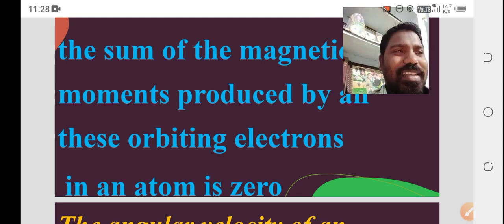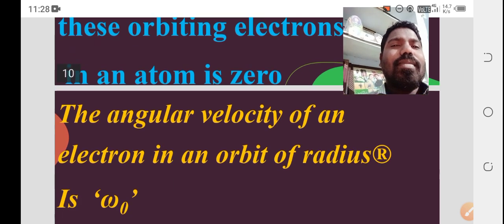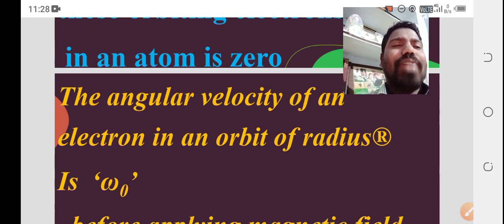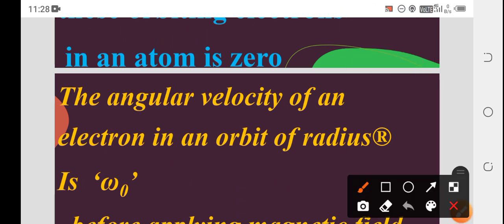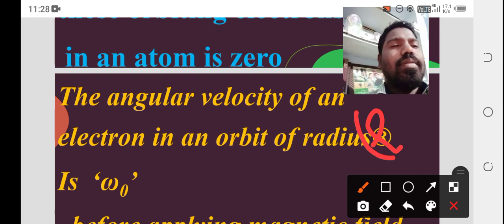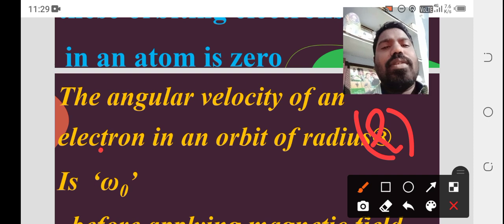The angular velocity of an electron in an orbit of radius r is what? It is omega naught.